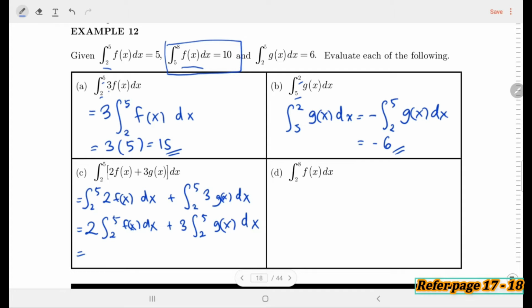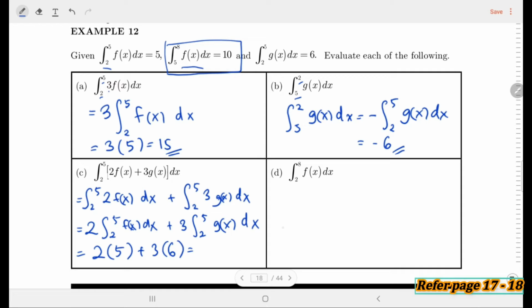We take from the question given: the integral of f(x) from 2 to 5 is 5, and the integral from 2 to 5 of g(x) dx is 6.